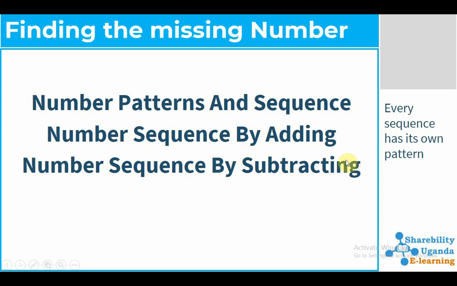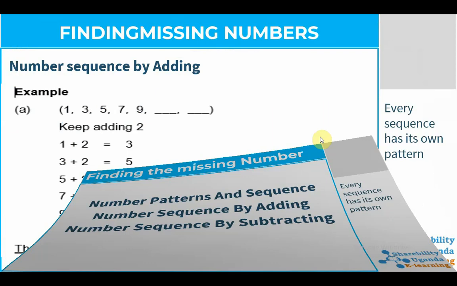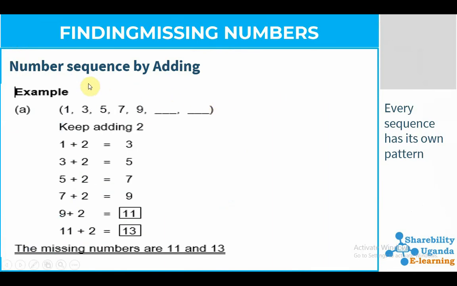But before we go, the formula for getting these answers is that we always take every sequence as its own pattern. That means every sequence that might be given to you, we shall take as its own pattern. As you can see here, we are first going to deal with number sequences by adding.